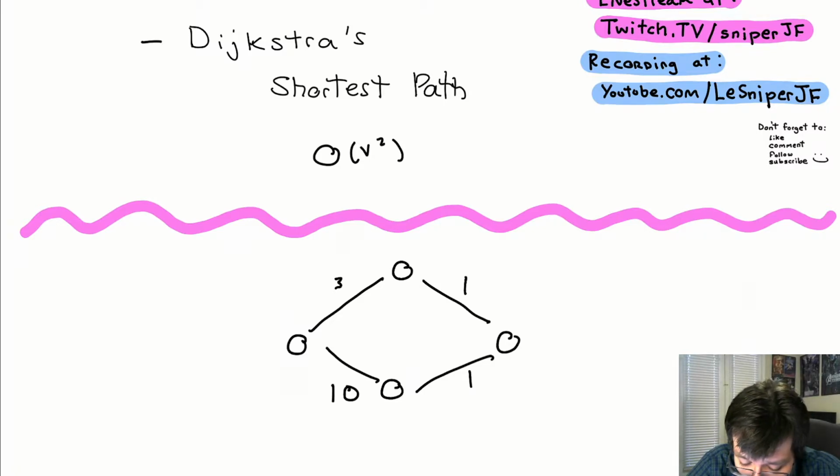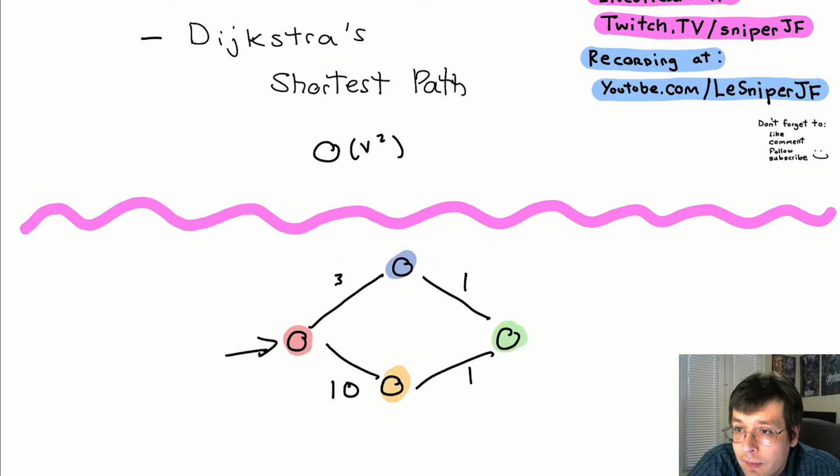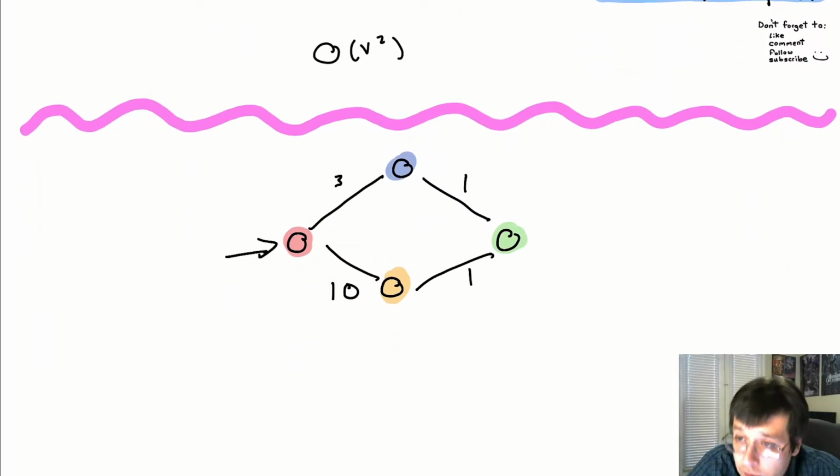I tell you this is your starting point and this is your finishing point, and I ask which path you want to take. Do you want to take the path through the top, through the blue vertex or node, or the path through the bottom, the orange vertex or node? The way you would decide that is which way is fastest to get there.